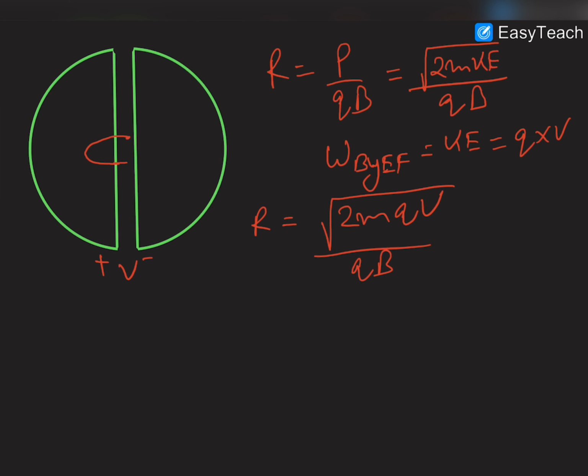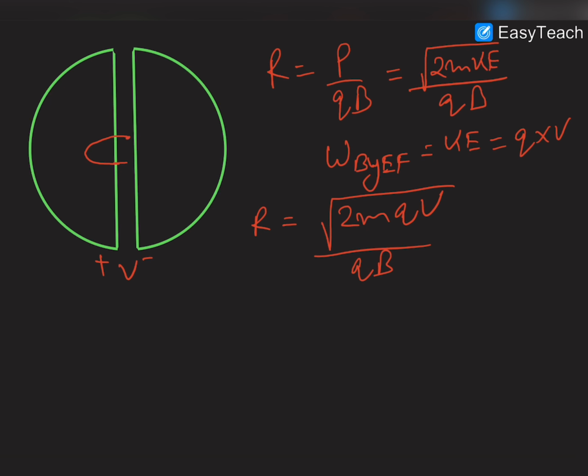Now again, when this particle appears in the gap, we know that its kinetic energy is already this one. You should always remember that if V is the potential difference between these two D's, then this particle has started from the gap.